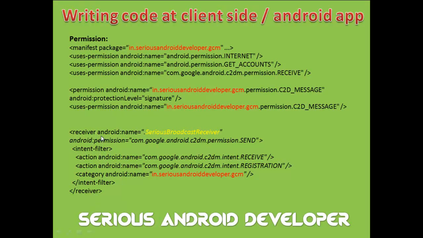I mean, if we create an activity, we specify the activity tag, and similarly this is for the broadcast receiver. You have to specify everything as specified here, and the GCM broadcast receiver is the class name of the broadcast receiver.